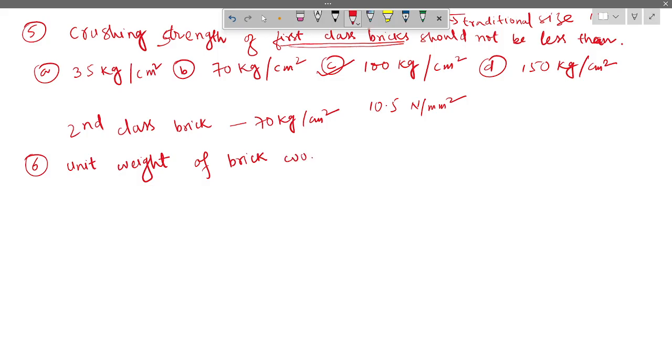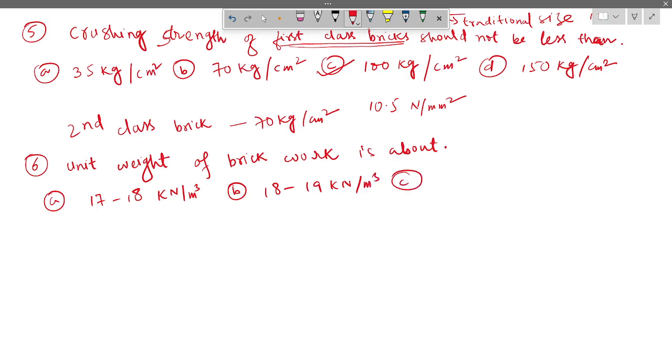Option A is 17 to 18 kilonewton per meter cube, B is 18 to 19, C is 19 to 20 kilonewton per meter cube, and the last option is 20 to 21 kilonewton per meter cube.